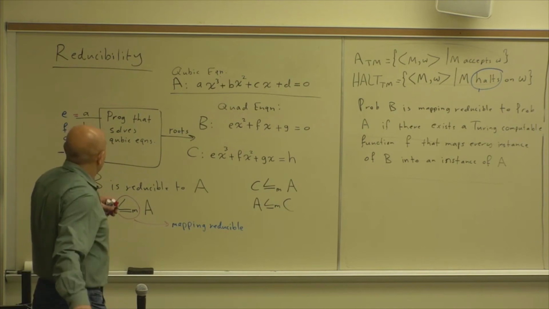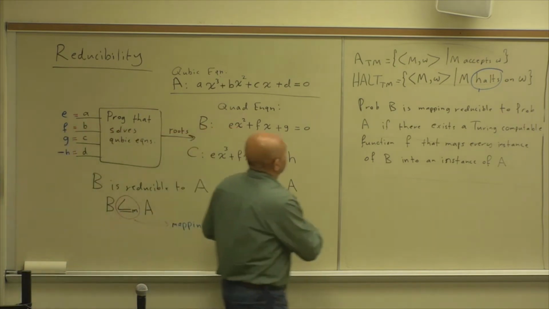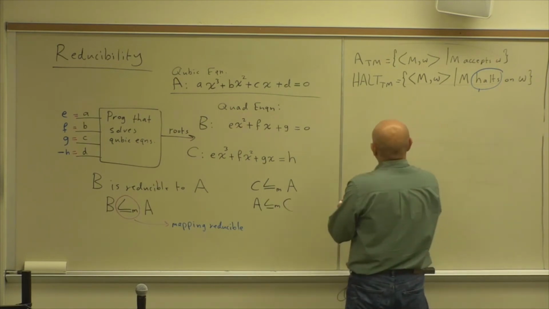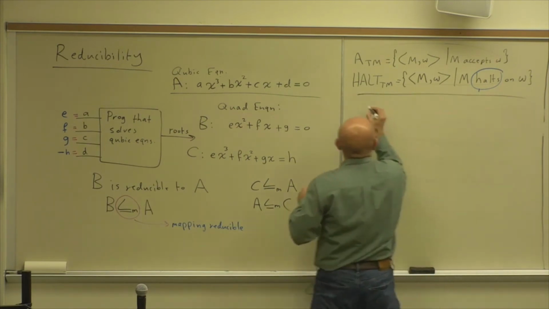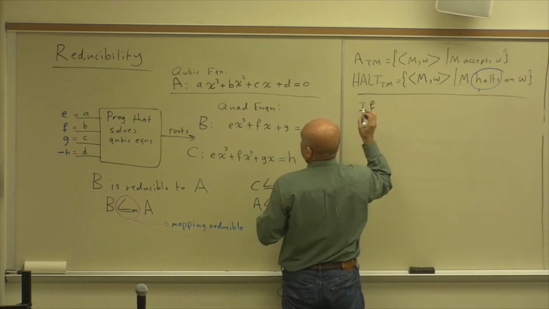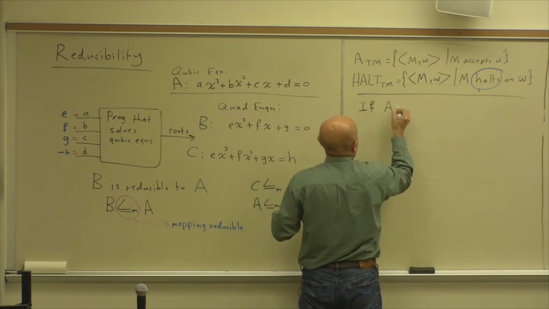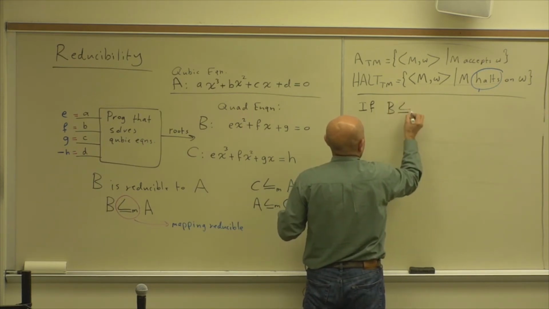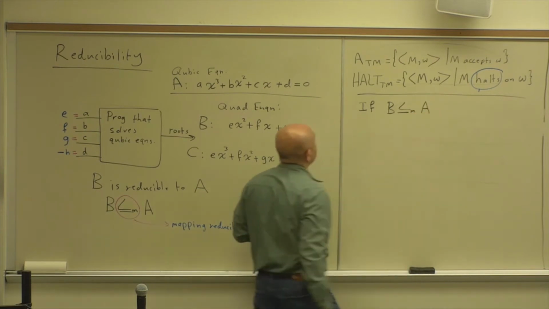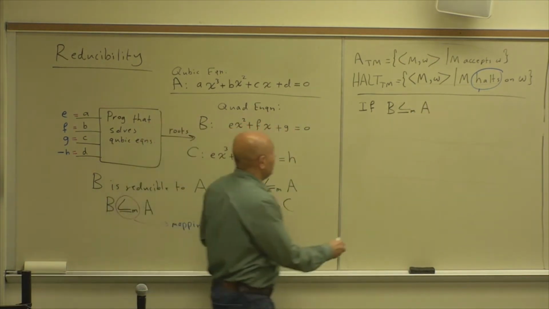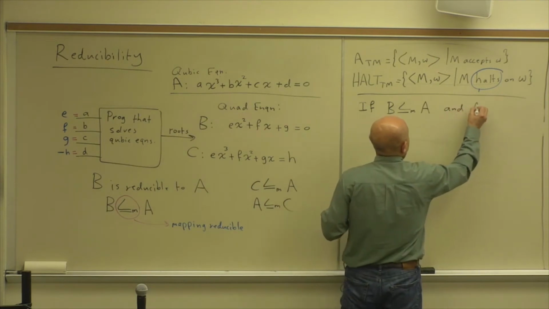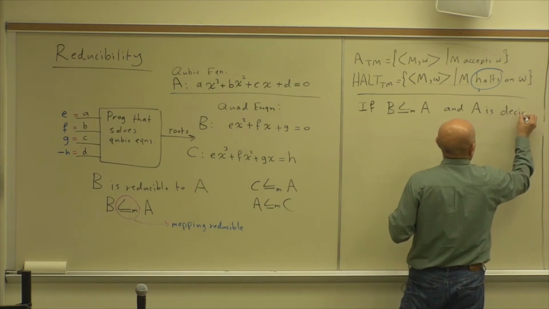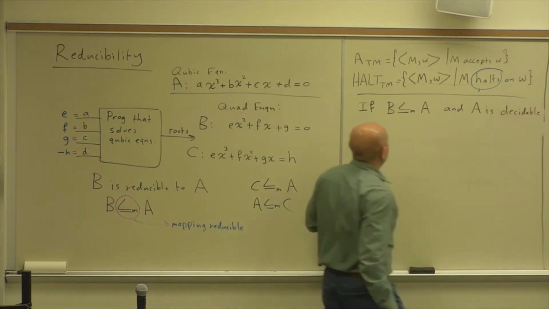Now, if B is mapping reducible to A, and A is decidable, what can we say about B?